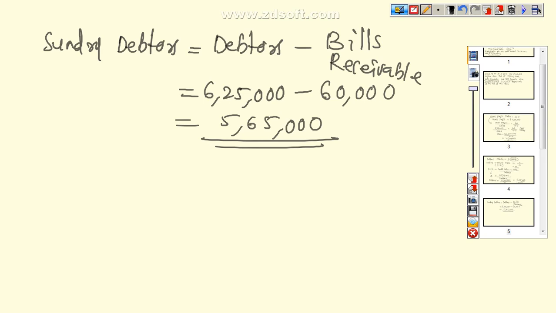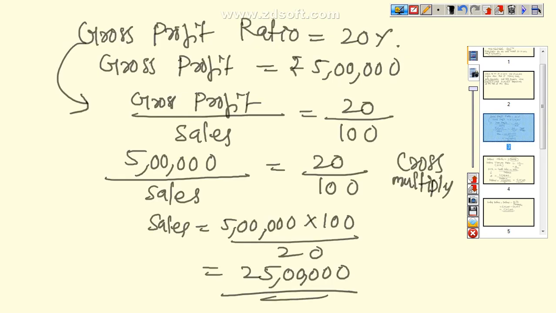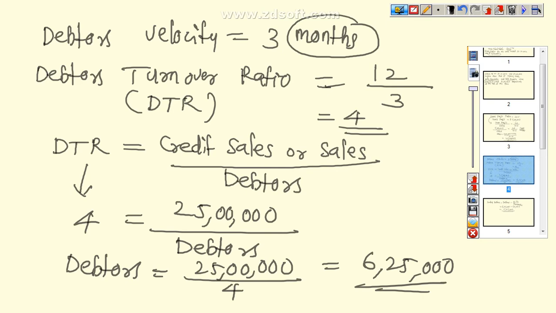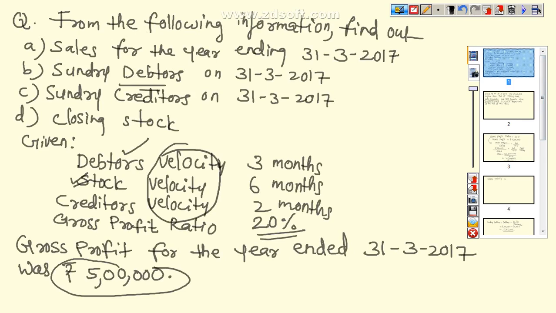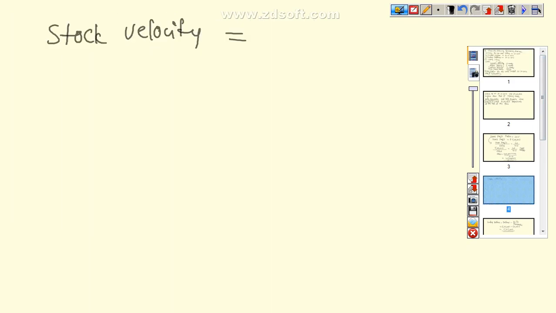Okay, next, after this, the next information given in the question is stock velocity. Stock velocity is equal to 6 months.